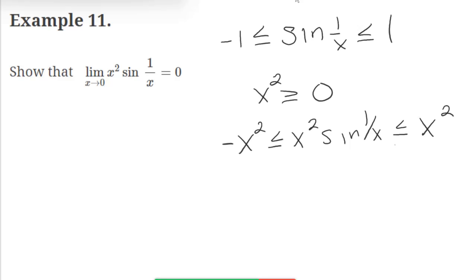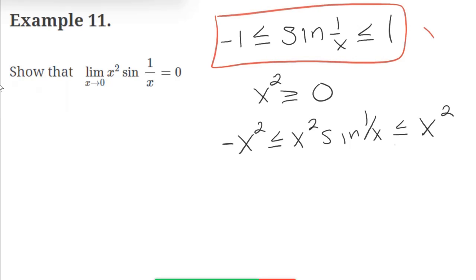Correct? So I took this and I multiplied it by x squared.